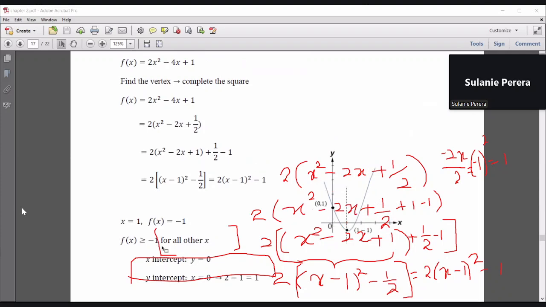So if you see, I plug in x equals 1. Right? So if I plug in x equals 1, what do I get? Let me clear this up. Now what do I do?